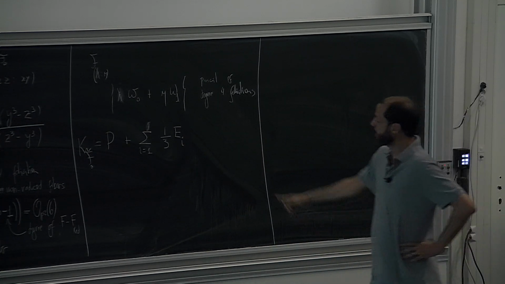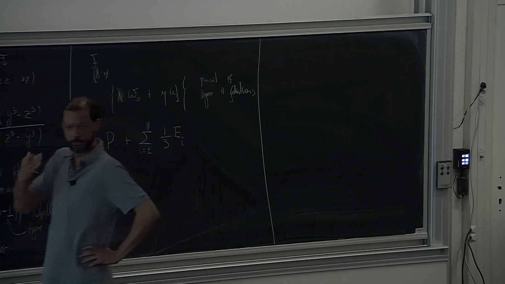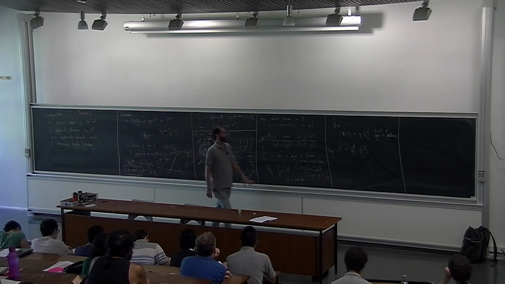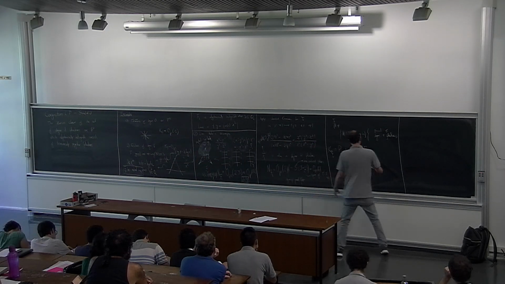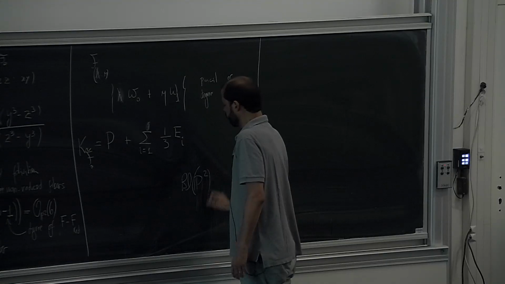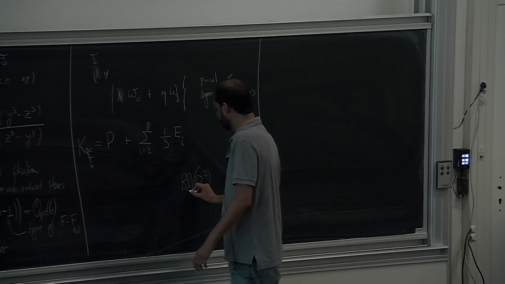Okay? And now if you remember the proof of this theorem that Henrique explained to us yesterday, we can construct in this situation a 3-to-1 covering. So there is this blow up of P2 in these 12 points.